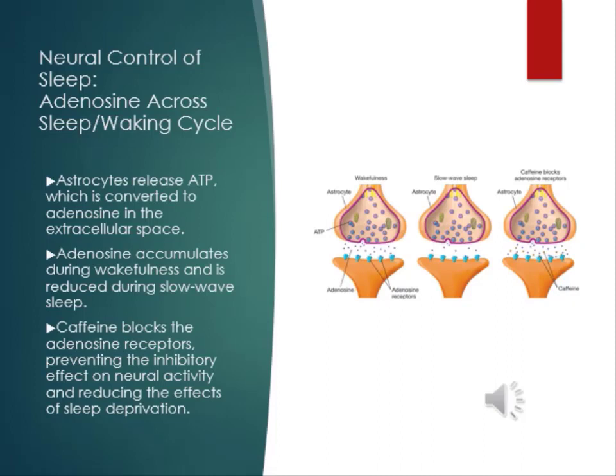If wakefulness is prolonged, adenosine accumulates and it inhibits neural activity, causing us to feel drowsy. And genetic factors are thought to affect the duration of slow wave sleep in conjunction with adenosine, as noted in your textbook.